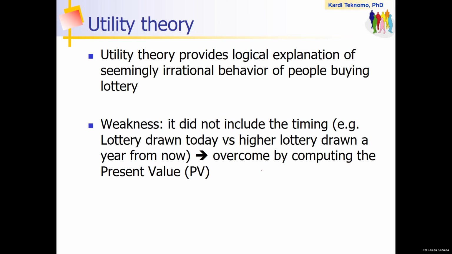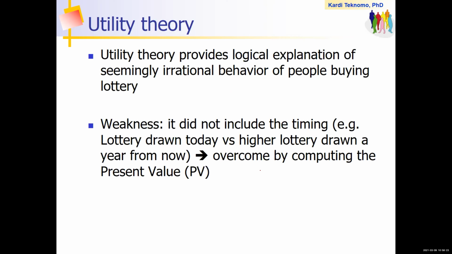Okay. So as a conclusion here, okay, so this utility theory actually will provide a logical explanation why, okay, certain people buy lottery, which seems irrational. Okay.